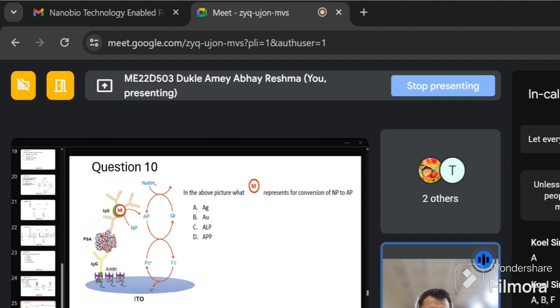Even if you don't know something, because it is very difficult to retain everything, you need to understand the approach as well. So how you approach the answer, correct?